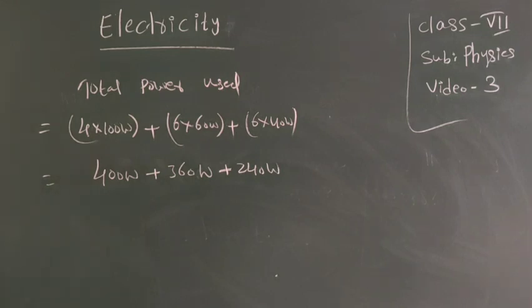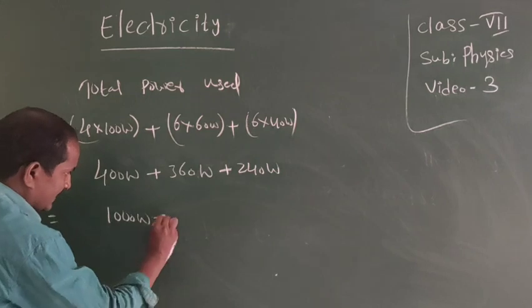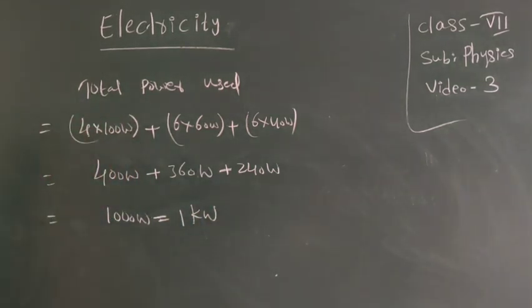How much here? 400 plus 360 plus 240, total 1000 watts. We can write here 1 kilowatt.